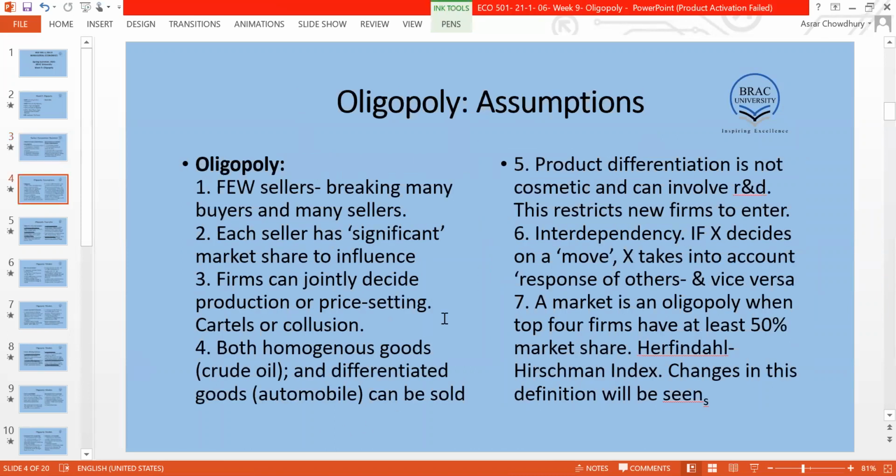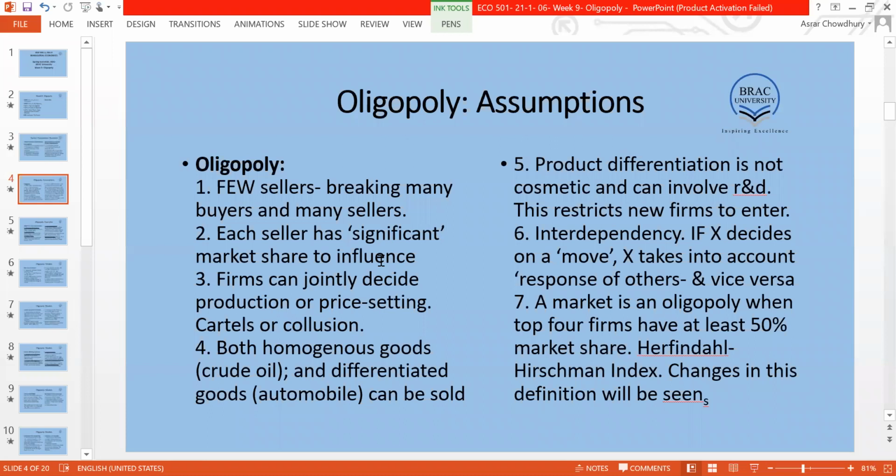Okay. Now, what is the first assumption that we're going to break from perfect competition? The many sellers become few sellers, and each seller has significant market share. When we were looking at monopolistic competition, we said that there are two segments in the market, dominant firms on one end and lots of small firms on the fringe end.